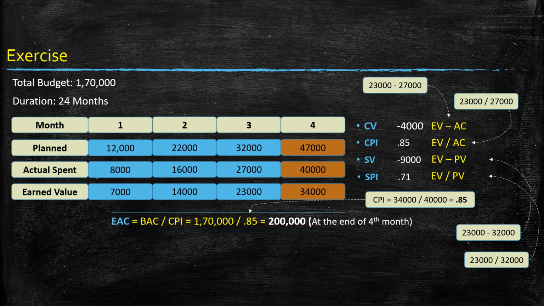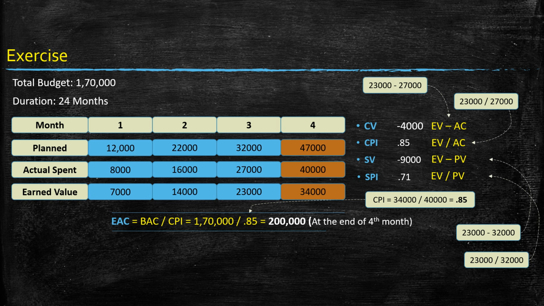The value of BAC is $170,000, and the value of CPI is 0.85, and the resultant figure is $2 lakh, which is more than the original budget of $170,000. That means in order to complete the project, we need more money.